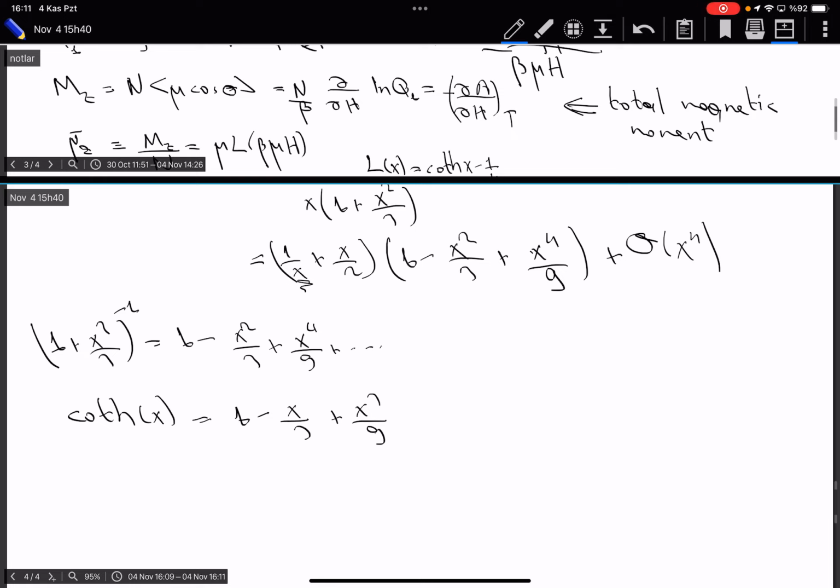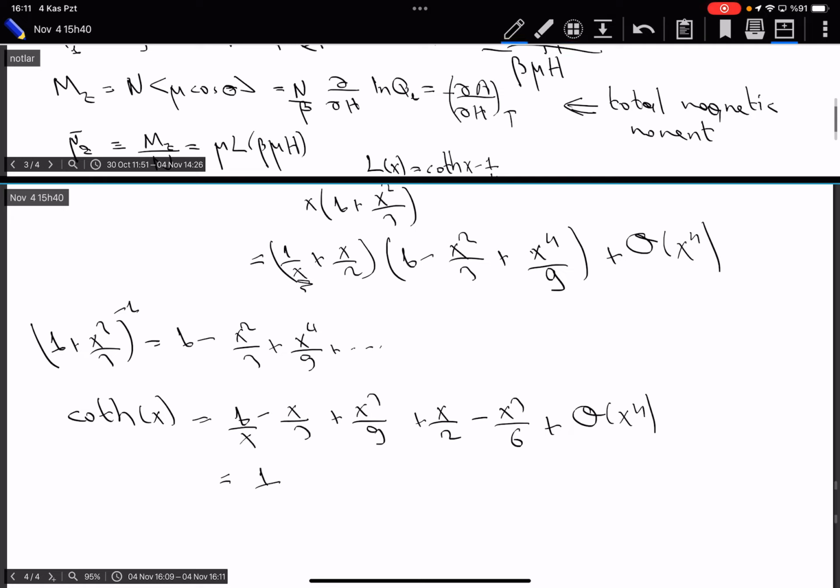I'm ignoring now in the product all the terms of the order of x to the power 4 or more, plus x over 2 minus x cubed over 6 plus of the order of x to the 4. This is 1 over x.